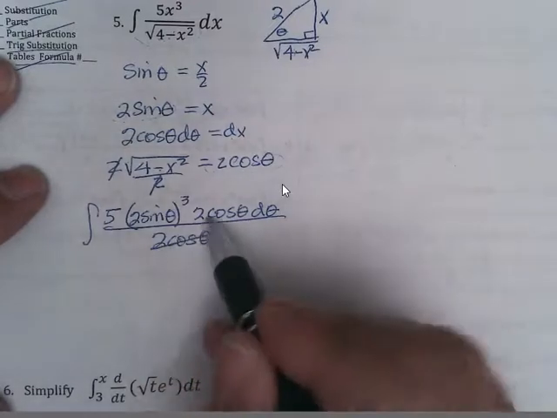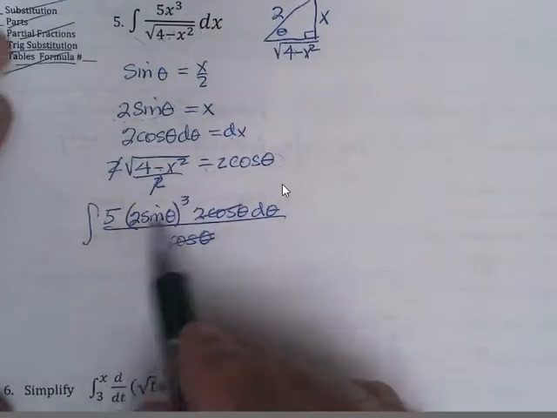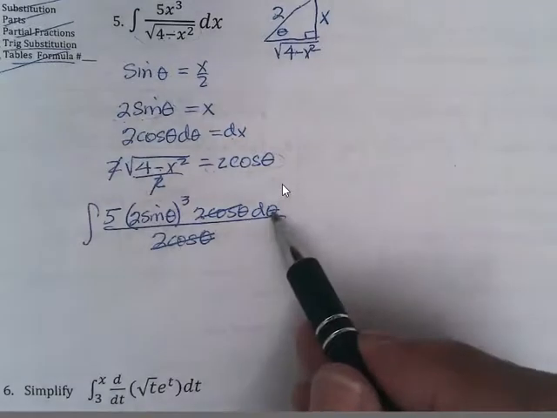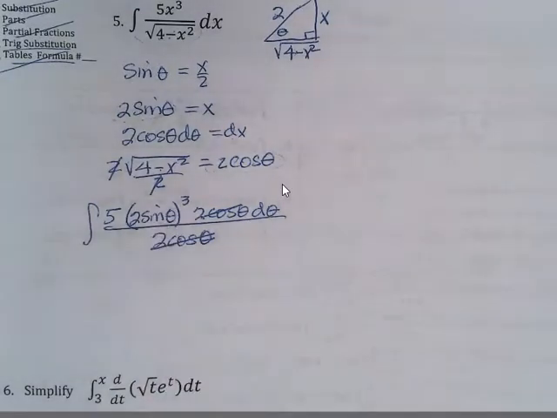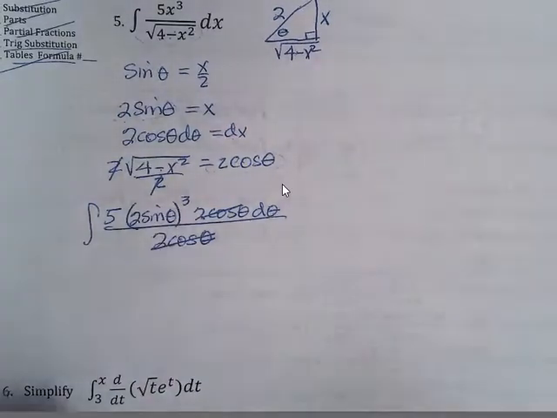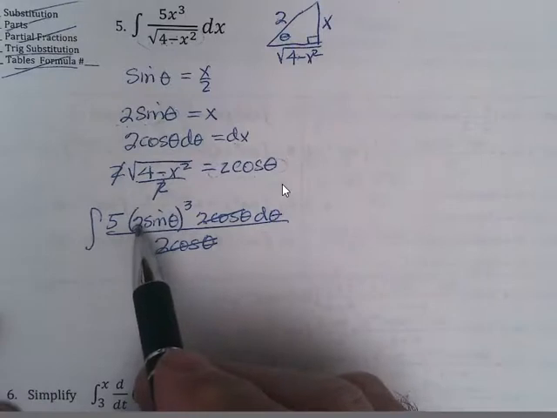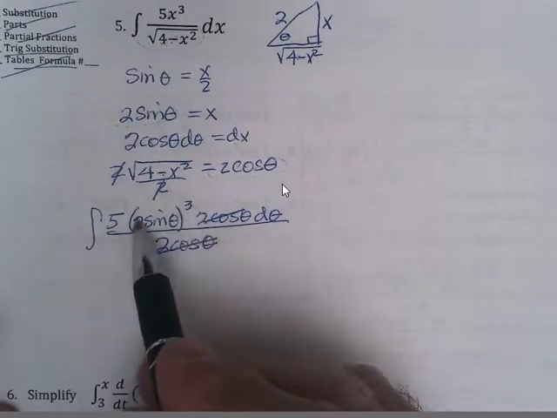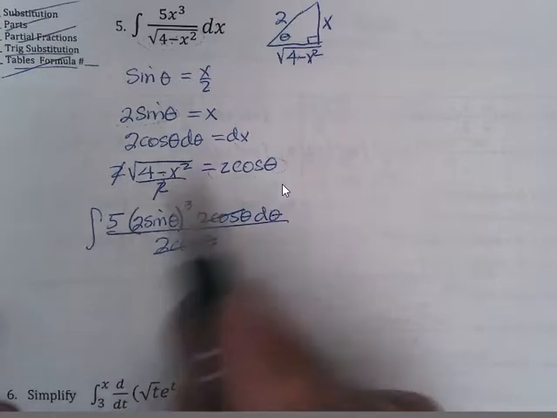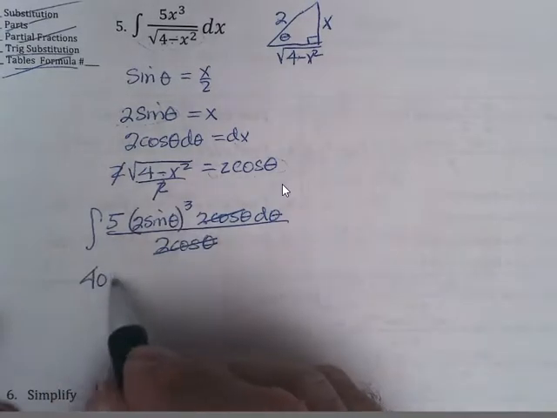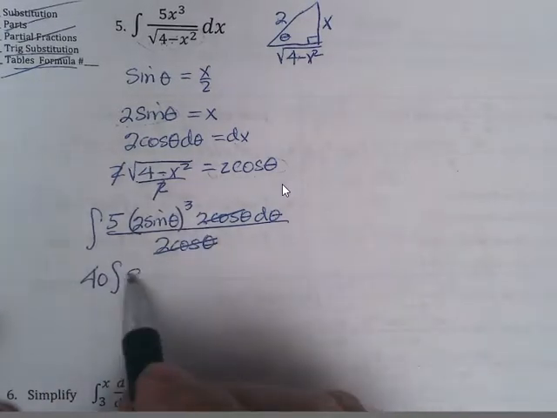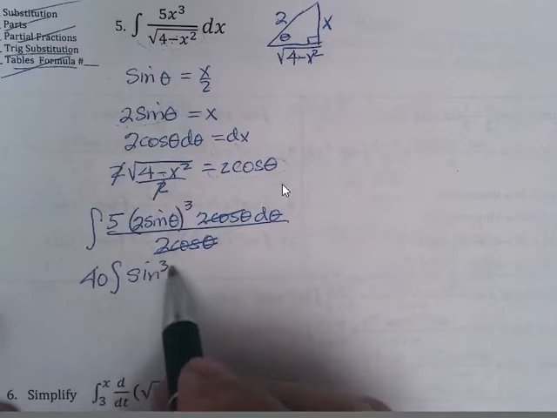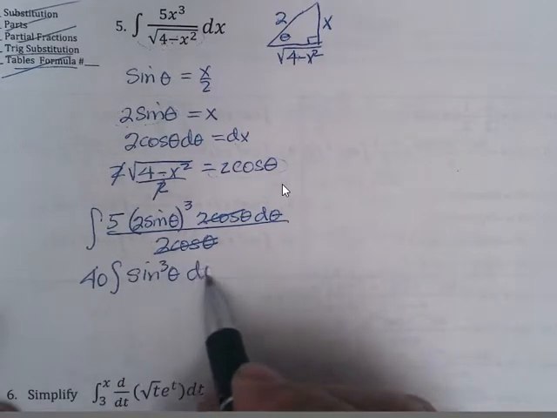Now many of you did that, but you left the x here. If we're going to be in d theta, we have to change to theta. So, and some of you got to here, but said this is 2, but it's 2 to the third, which is 8 times 5, 40. Antiderivative of sine cubed theta d theta.